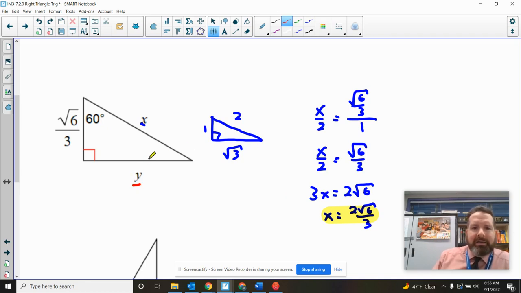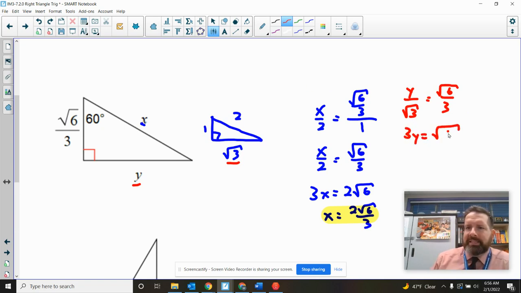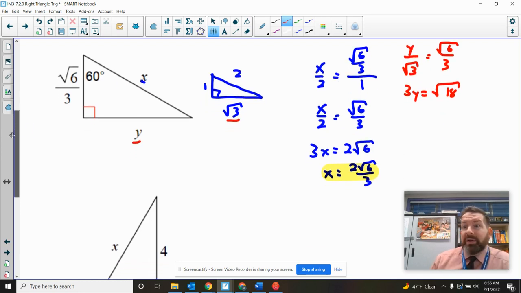Now for the y, let's do something similar. So y compared to the square root of 3 is the same as this side compared to the 1. And we already saw that dividing by 1 didn't change anything. Okay, so do a cross multiply now. So 3y equals square root of 18. I do expect that you are able to reduce this radical.